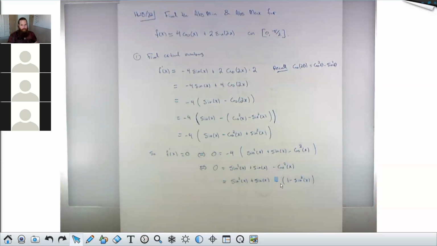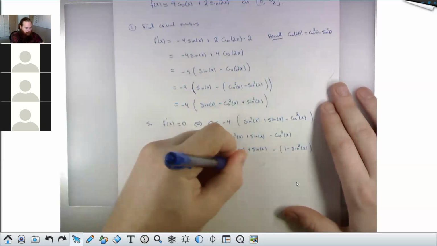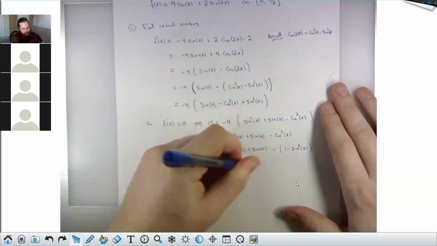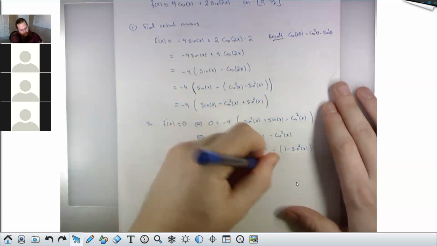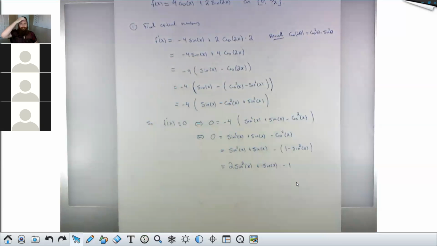I'll distribute this negative. So this will become negative 1 plus sine squared x. So I'll have altogether 2 sine squared x plus sine x minus 1. All right, and I want to solve this thing equal to 0.